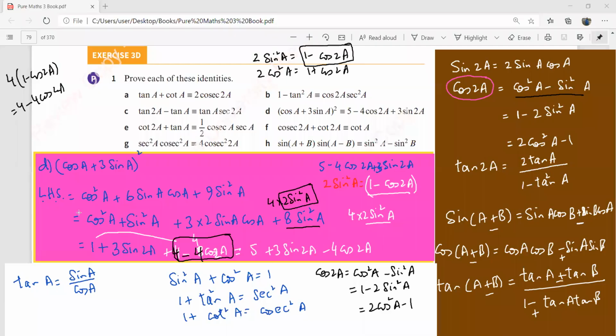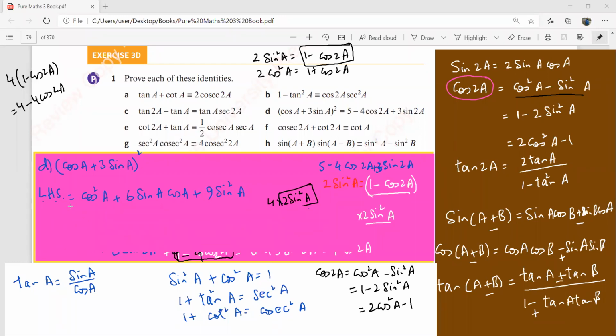So I'm telling you an alternate way to do this, from this onwards. Just look at this, this struck my mind. The thing is that I need a 5 here. So let me remove this. I need to have 5 sine square A and 5 cos square A over here so that I can have 5 here.